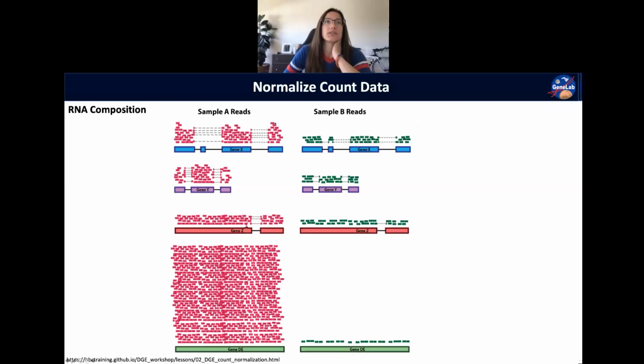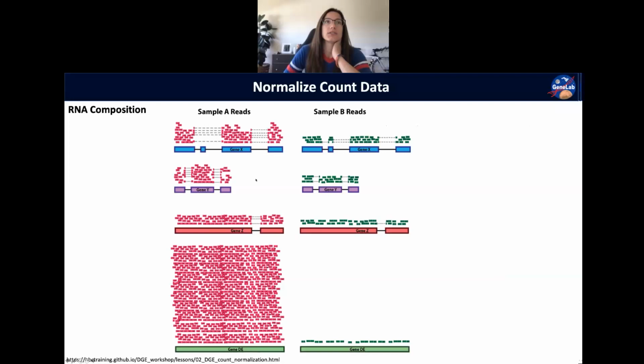and we normalize based on total number of reads, so we're normalizing all of these based on the total number of reads. If we are blind and don't consider the composition of the RNA that's there, so don't check to look for if there's a contaminant or something, that we have a ton of reads. And remember, when we were looking at our duplication levels, those really high-end duplication levels likely indicate contamination.